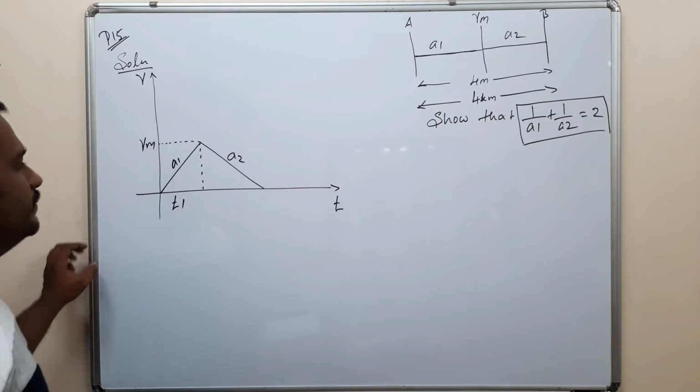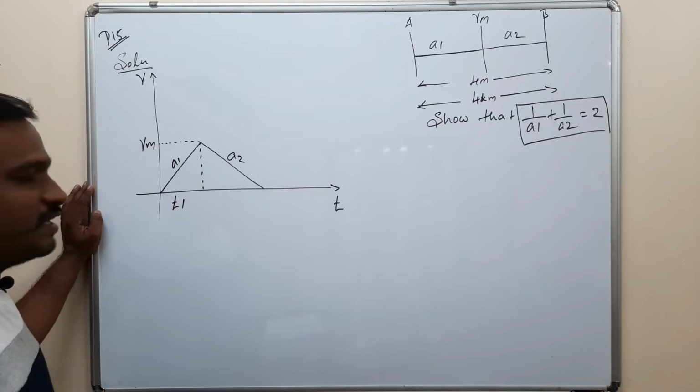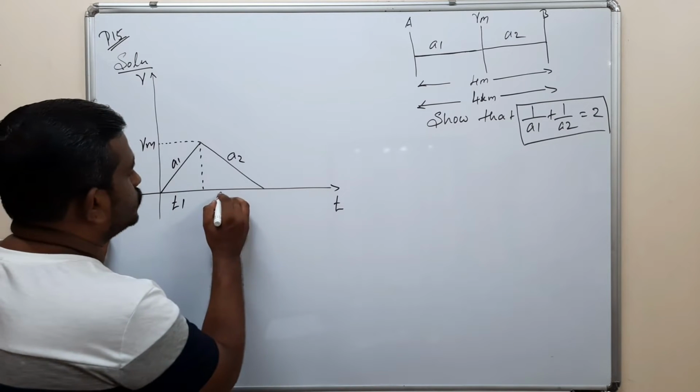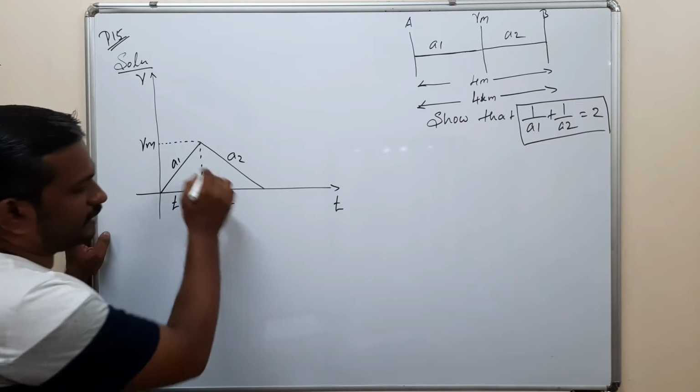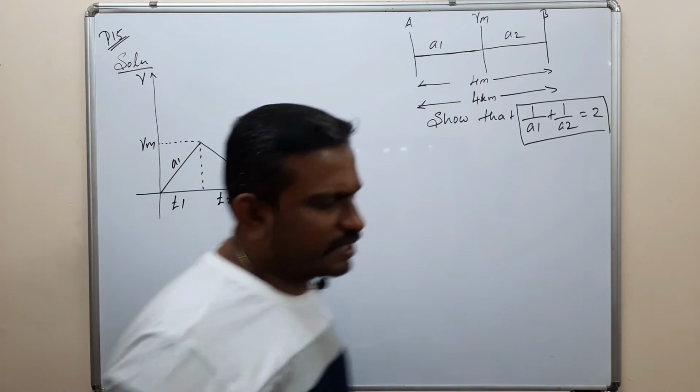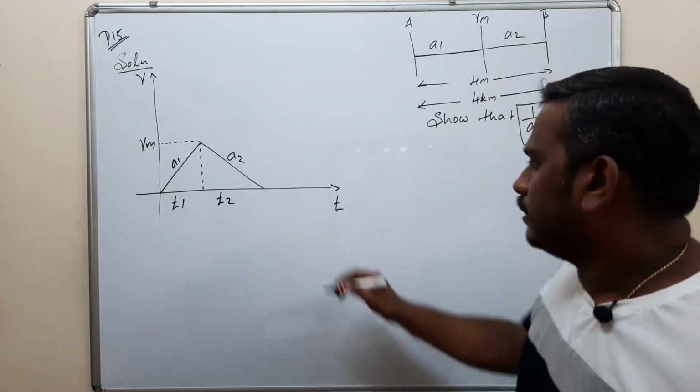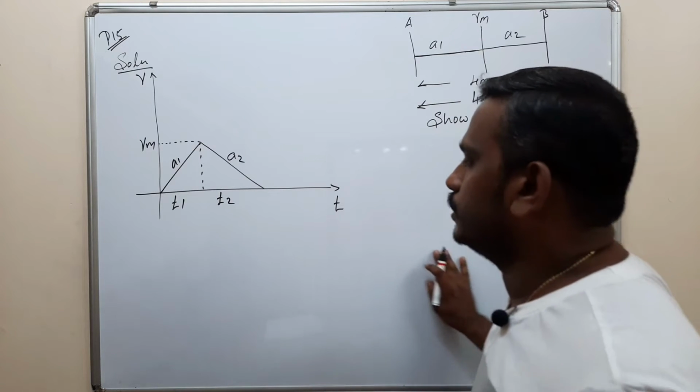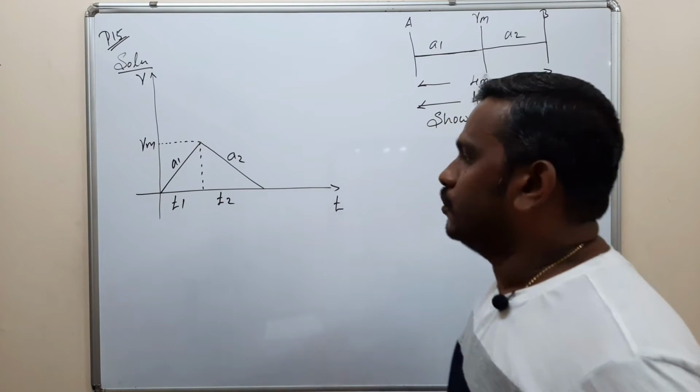Okay, so for the first portion of the journey, T1 is the time taken by the train to reach the maximum velocity Vm, and T2 is the time taken by the train from the maximum velocity to come to rest.